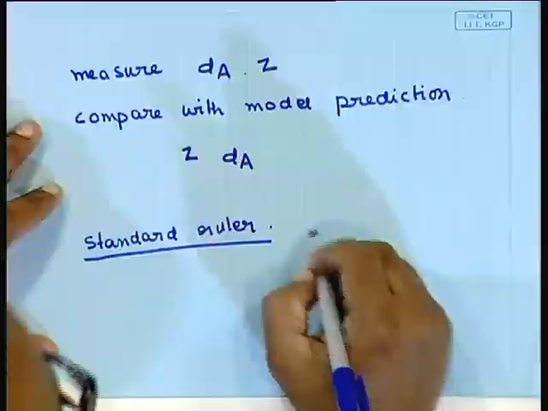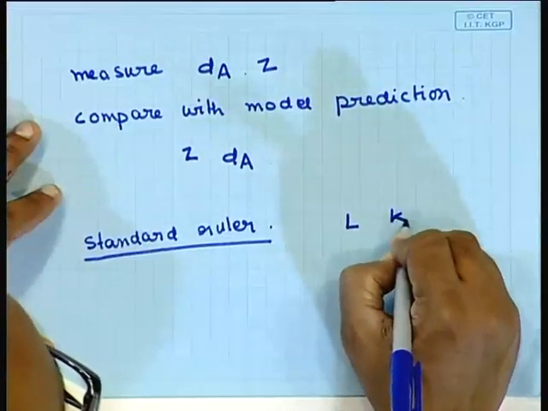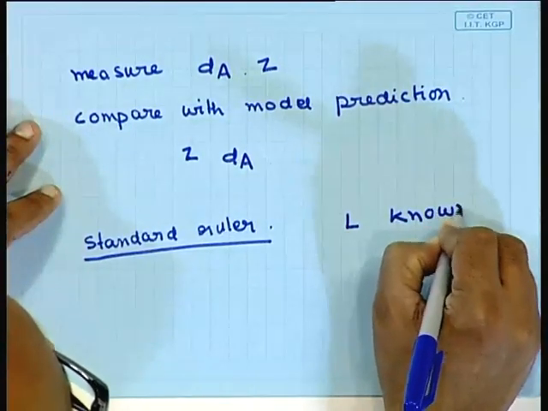Suppose you find some kind of object whose size does not have much variation. Then at whatever redshift you see it, you can be sure that its size is this L. So, it is an object whose size L is known for some reason or the other.